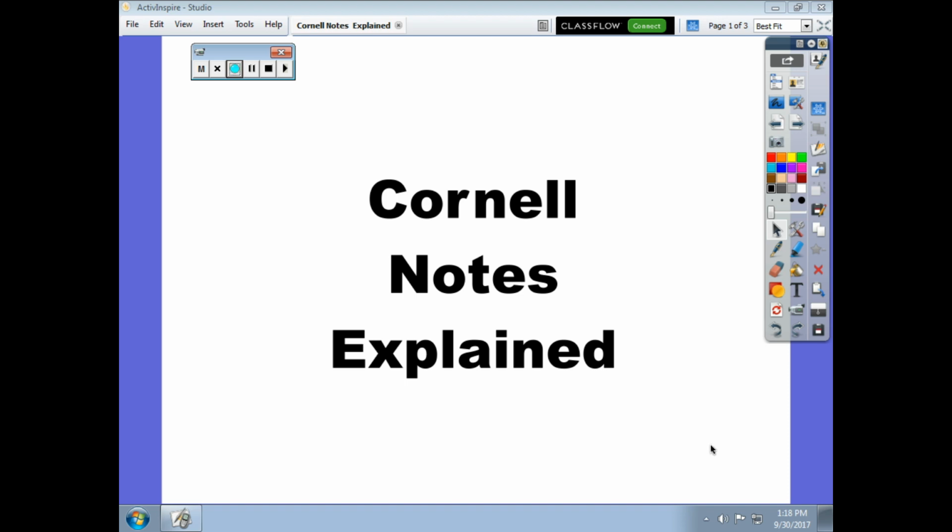Cornell notes were designed for the purpose of helping students to begin to understand their notes better after they left the class, as well as to make connections with other aspects of their studies, whether it be other classes or within their same class.